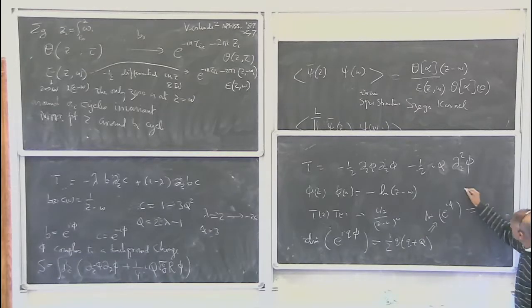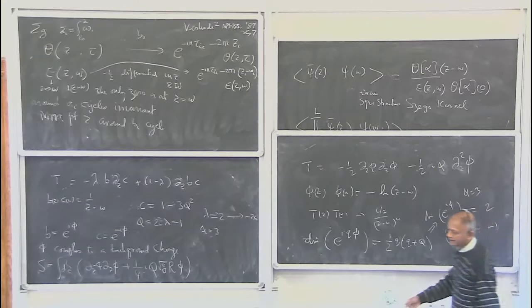This is for Q equal to 3. And on the other hand, e to the minus iφ will have dimension 1 minus 2, so it becomes minus 1. Okay? So that's exactly the dimensions of the BC system. So this is the way one bosonizes it.